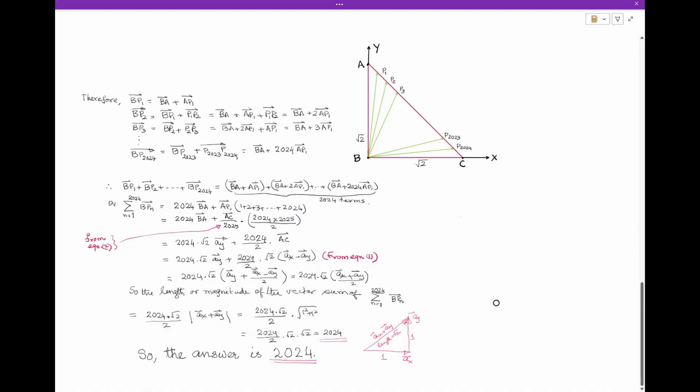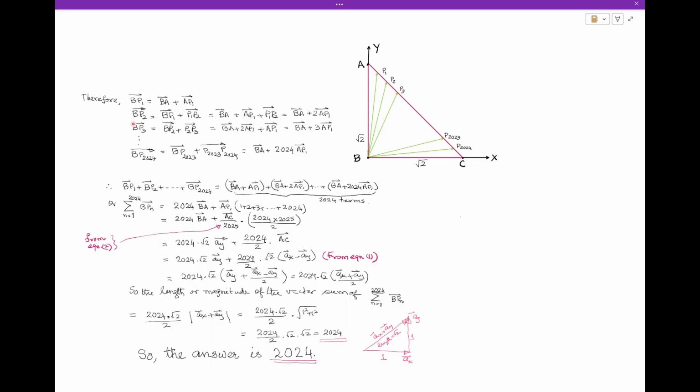Now, vector BP1, that is this green vector, is equal to BA plus AP1. That is because in this triangle BAP1, BA plus AP1 is equal to BP1.